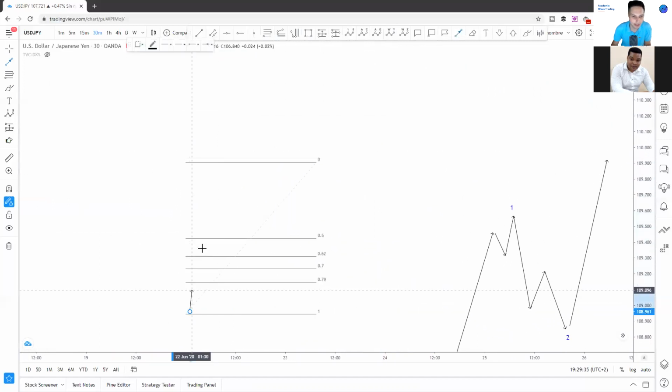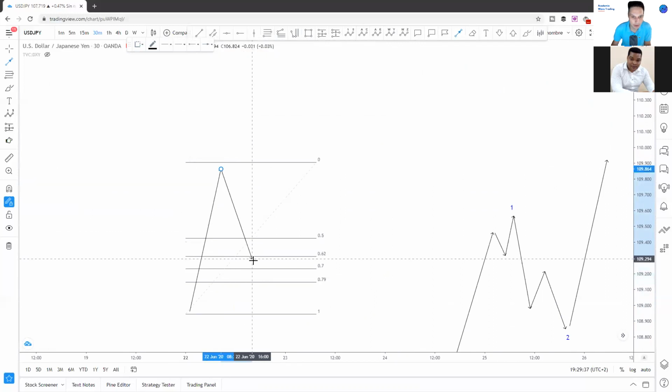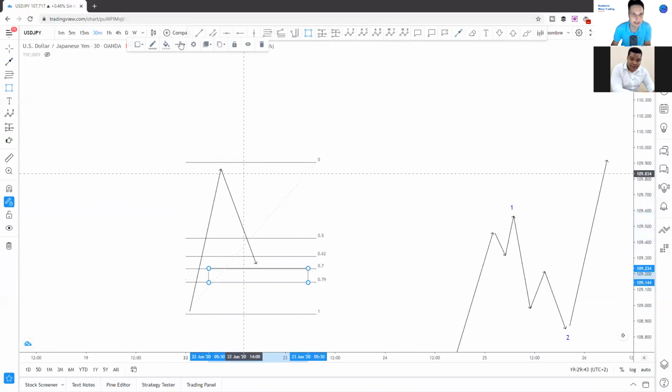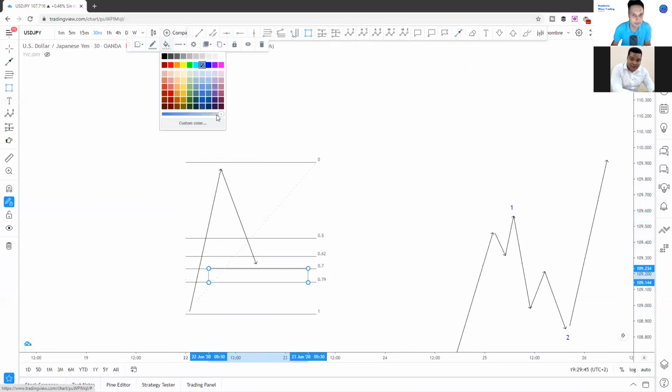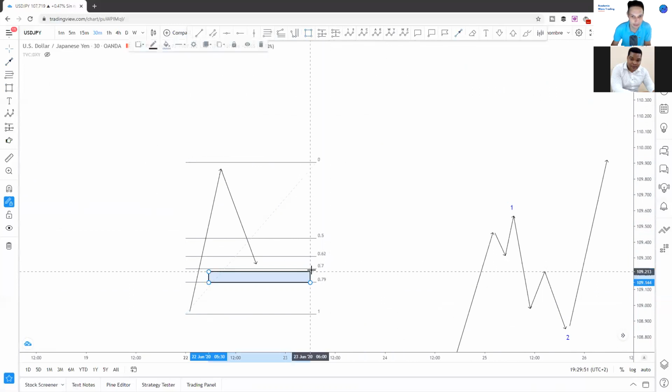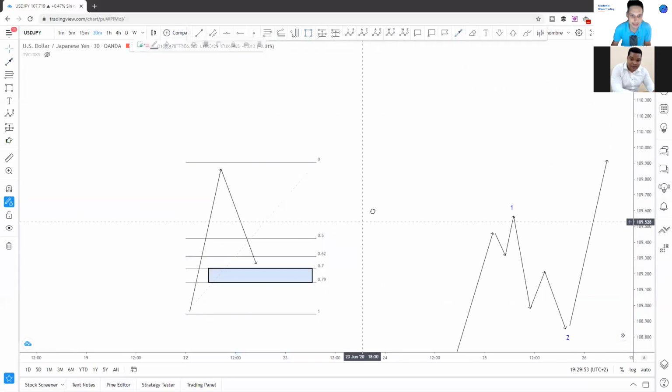Then, if the market goes up, we want to go long here between 70 and 79. Write this down. This is a rule in the system. Just write this down: 70 and 79.